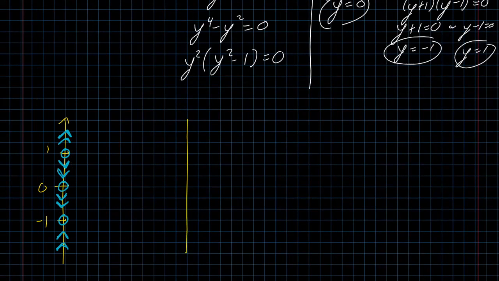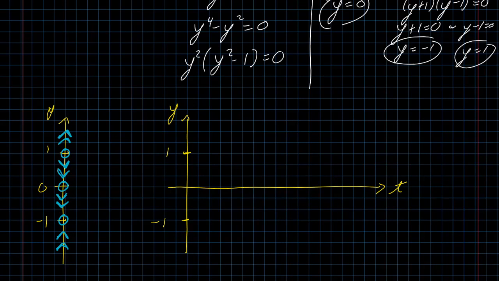All right, so now that I have this, I'm going to draw out a coordinate plane. So I've got my t-axis, I've got my y-axis, and I've got my positive 1, my negative 1. 0 is pretty easy.